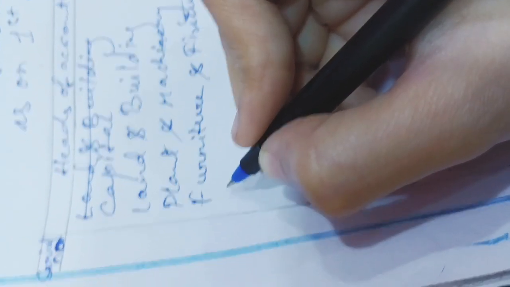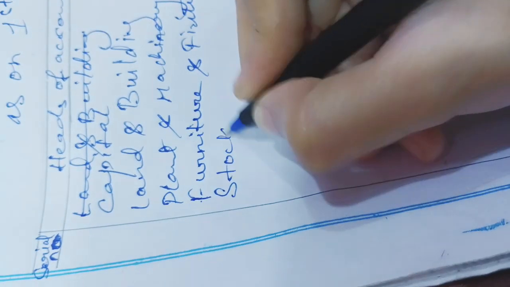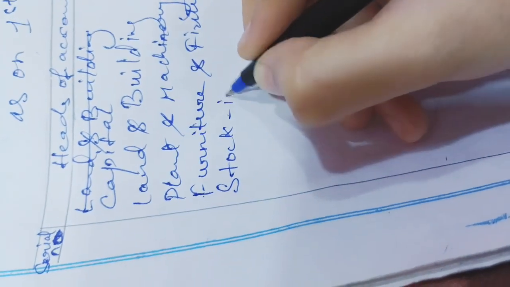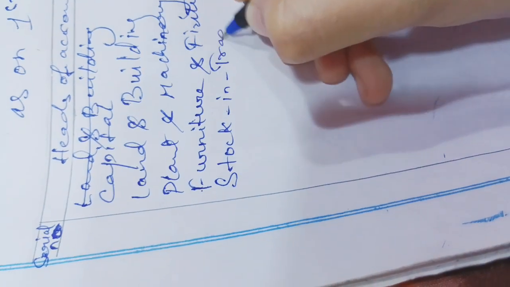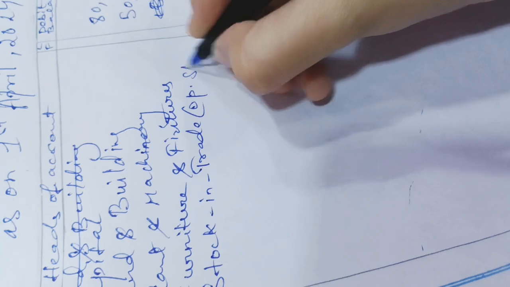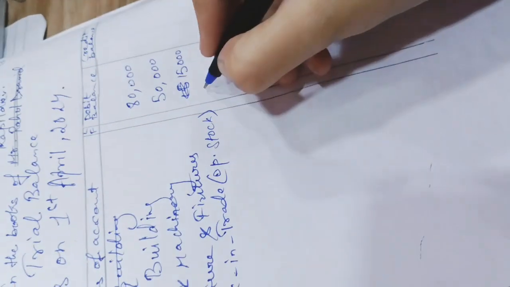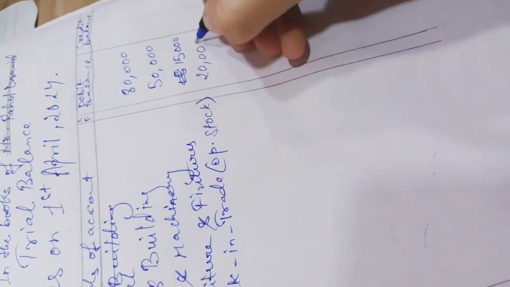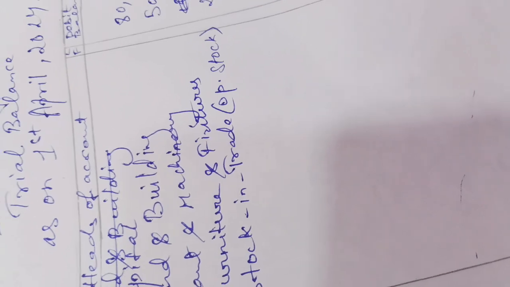Stock in trade, this is opening stock. ओपनिंग स्टॉक हम डेबिट में लिखते हैं. So let me tell you, opening stock is our asset.